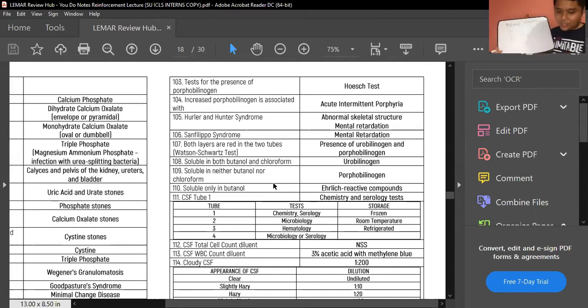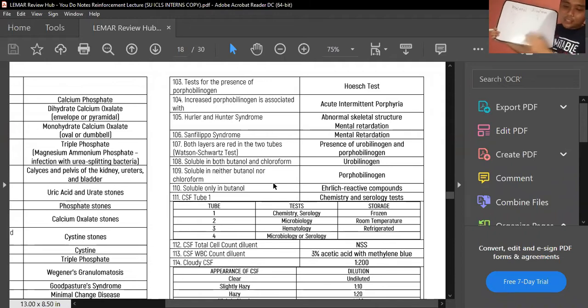It depends on the solubility of the substances. If both layers are red in the two tubes, present are urobilinogen and porphobilinogen. If soluble in both butanol and chloroform, meaning red in butanol and red in chloroform, that is urobilinogen.